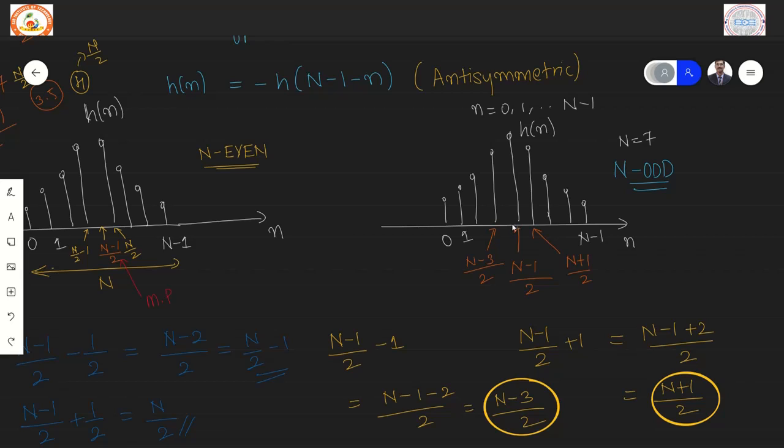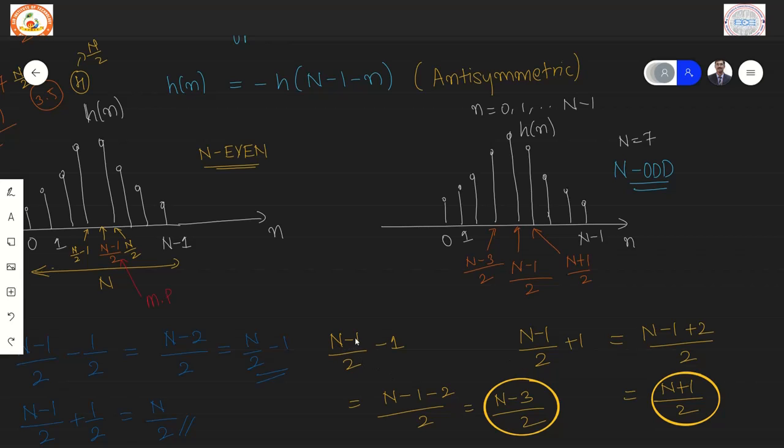Therefore, we can easily identify that the midpoint carries a value in the case of N being odd, and the points on either side of the midpoint can be very conveniently calculated by adding 1 and subtracting 1.